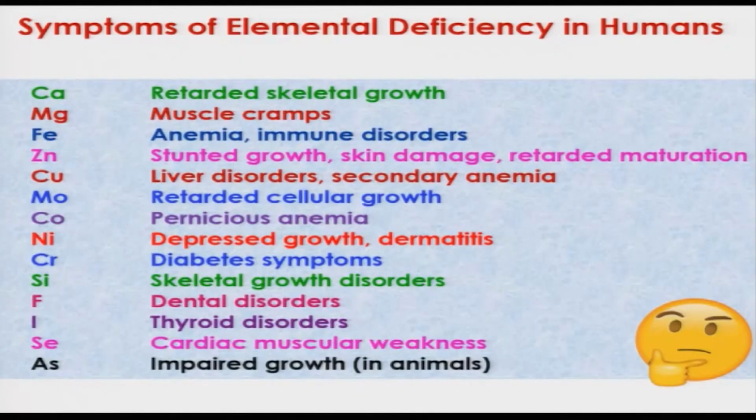I am showing a table of the symptoms of elemental deficiencies in humans: calcium, retarded skeletal growth; magnesium; iron, anemia; zinc, skin damage; copper, liver disorder; molybdenum, retarded cellular growth; cobalt, pernicious anemia. All of these are listed here, and as you can see, if you have a deficiency in these elements, it causes various problems in our day to day life.